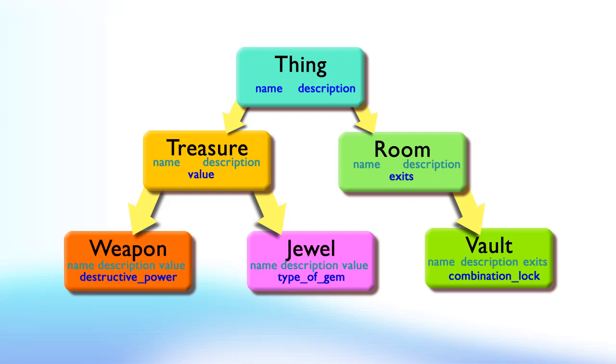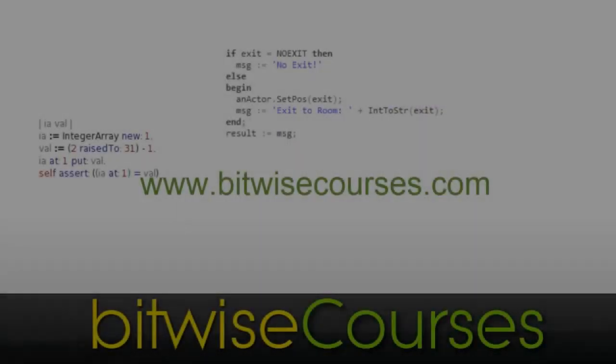The vault class does not descend from treasure, however, so it doesn't have value, nor does it have any of the special features of the descendants of treasure, such as destructive power or type of gem. And now, with all these classes to choose from, my program can create objects based on all these different types of class blueprints. Thing objects, treasure objects, weapons, jewels, rooms and vaults.